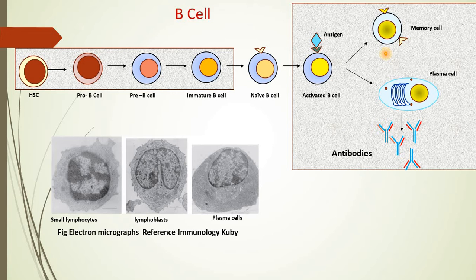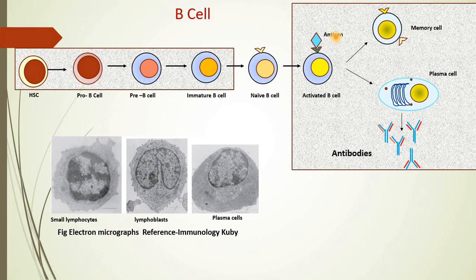The function of the memory cell is that these cells remain in a dormant condition till the same antigen once again enters the body for the second time to cause infection.